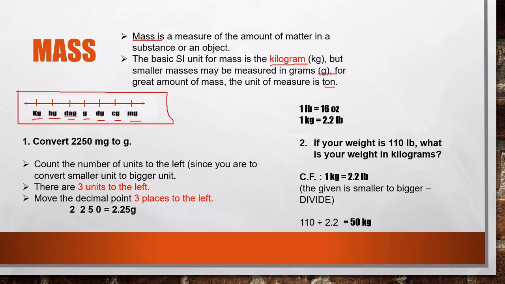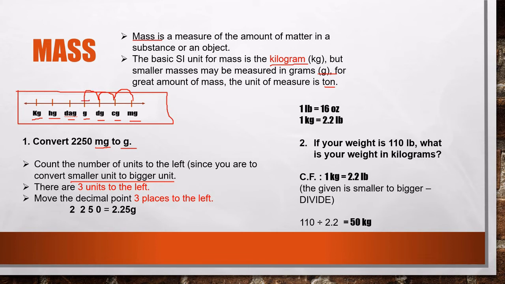For example, convert 2,250 milligrams to gram. So, milligram to gram, that is smaller to bigger unit. So, count the number of units from milligram. 1, 2, 3.